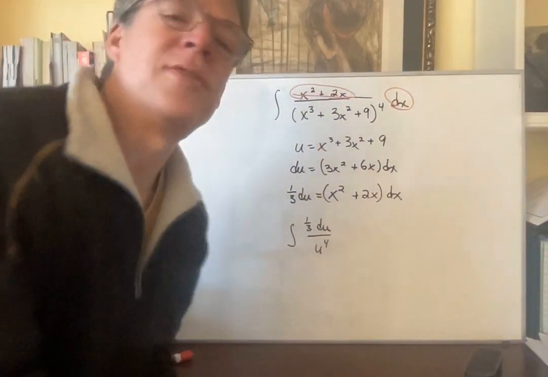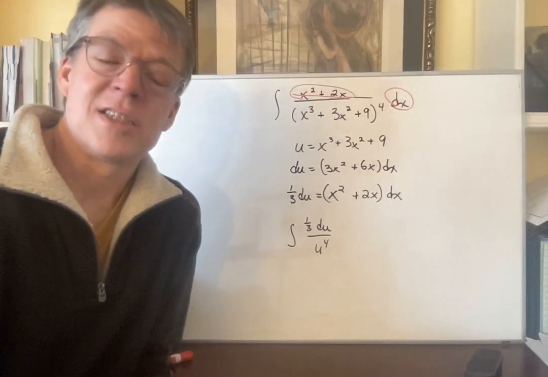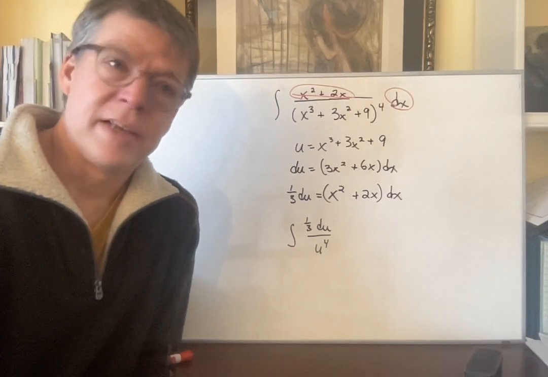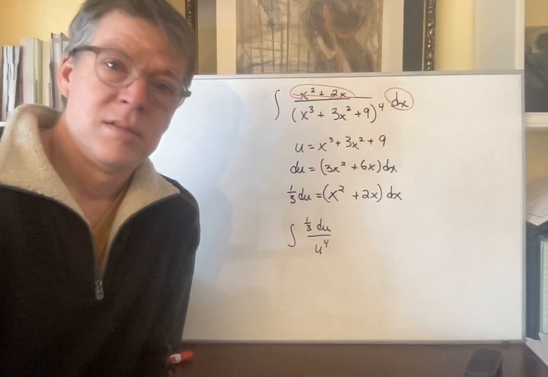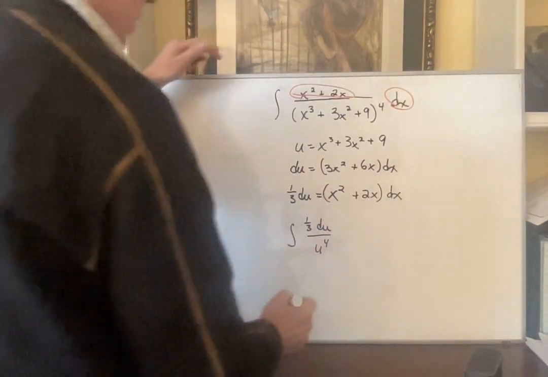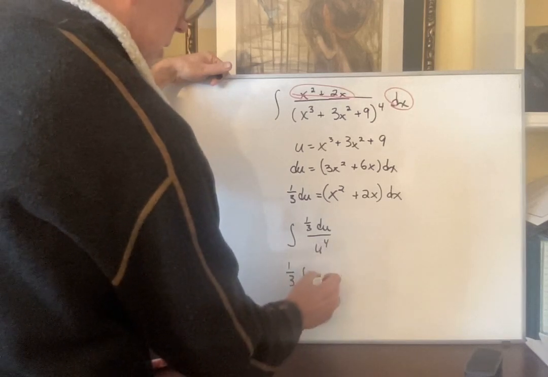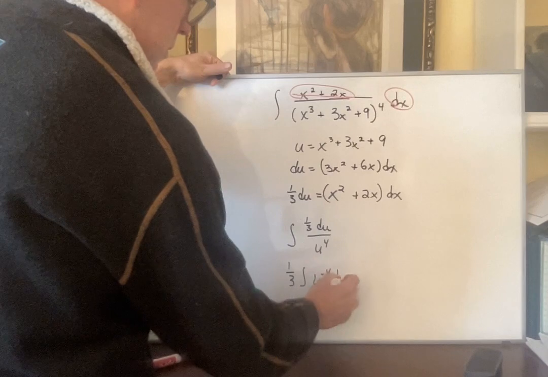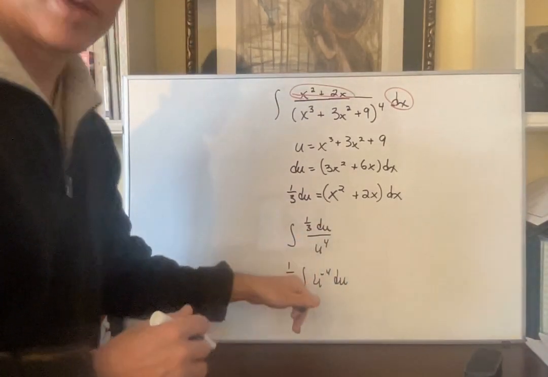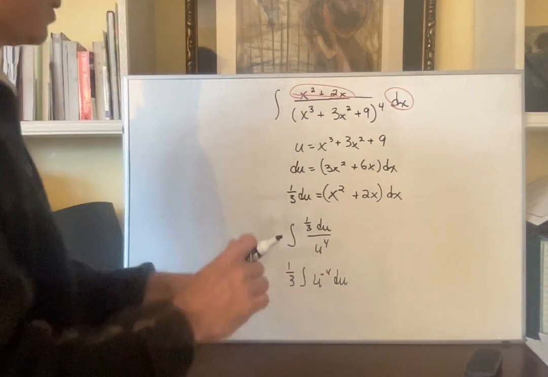Now, you haven't done enough integrals probably for that to make you feel that happy, because that can look kind of disgusting at first when you're still new. But here's the thing. Can you kick out a coefficient, and can you collapse fractions? You totally can. So guess what I'm going to do with that 1/3? Scoot it out. And guess what I'm going to do to this fraction? I'm going to collapse it. This is the same as this, but I have a way better shot at integrating that than the one above it.